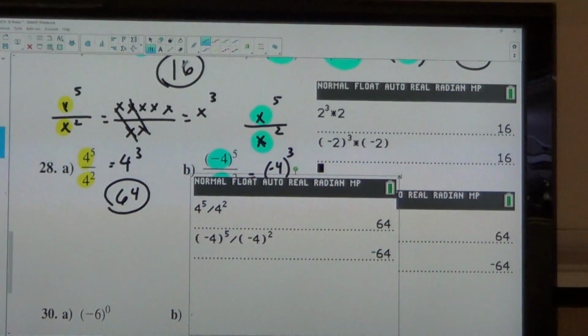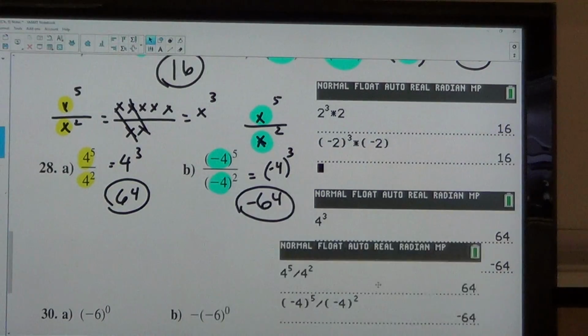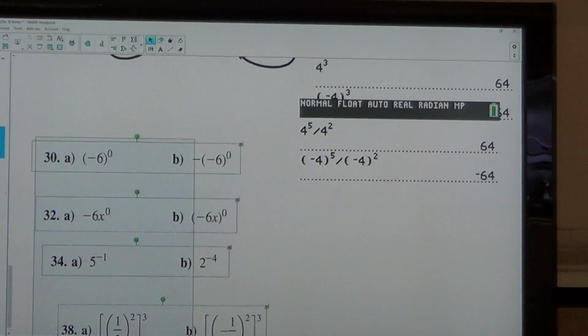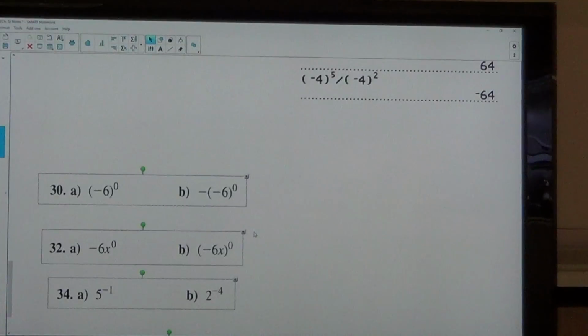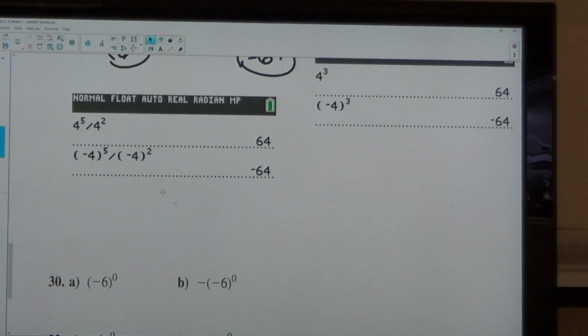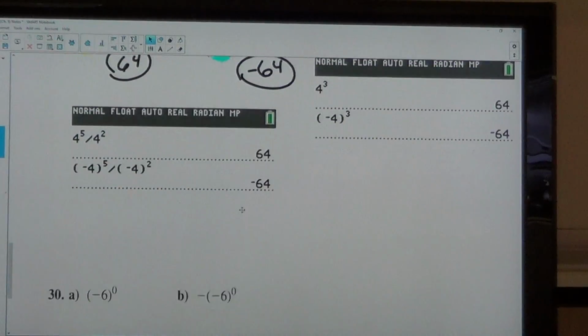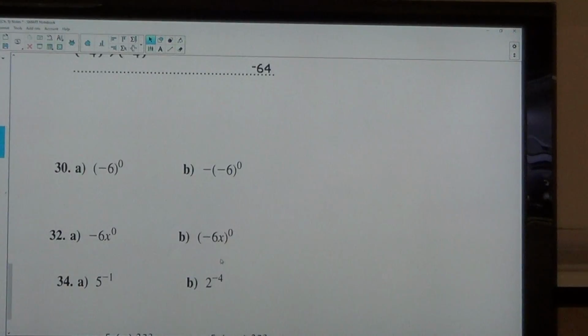You've just got to be very careful on how you type it in. So I don't want you freaking out on me on a test going, oh my gosh, it's not working out in my calculator. What do I need to do? I want you to have that backup step. Now, what did I tell you that anything raised to the 0 power was going to be? 0 and 1.